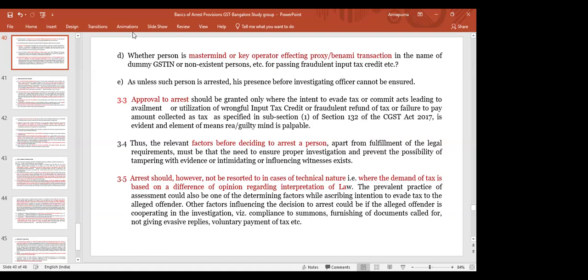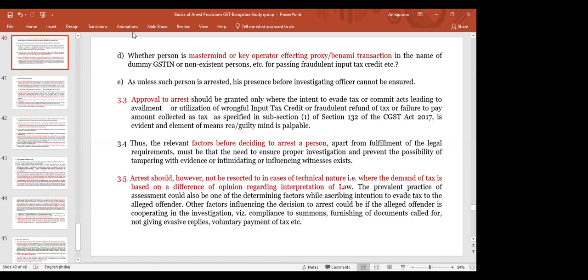So now we have to examine whether there is going to be a transfer of file from the JMFC to the trial court. If we talk about the hierarchy of courts, take an example: a superintendent is dealing with one show cause notice and an additional commissioner is dealing with another show cause notice on the same issue.